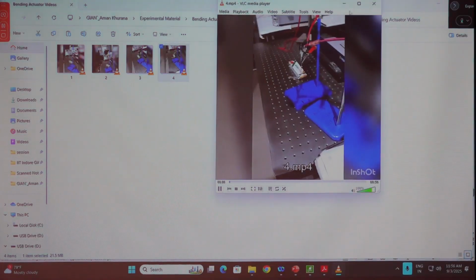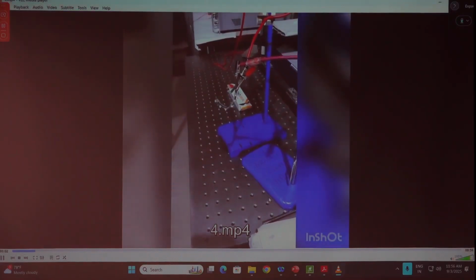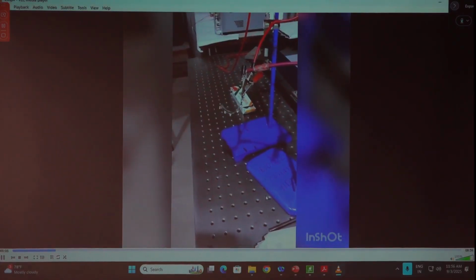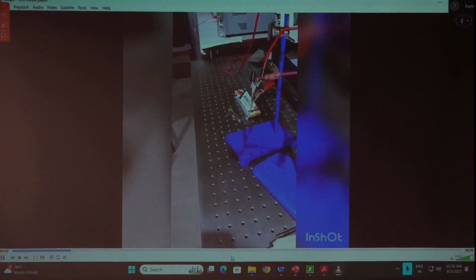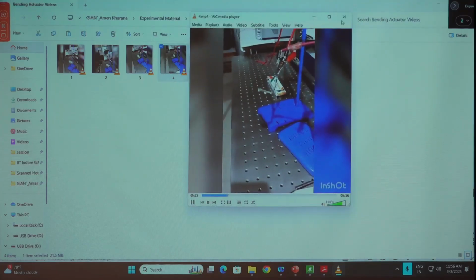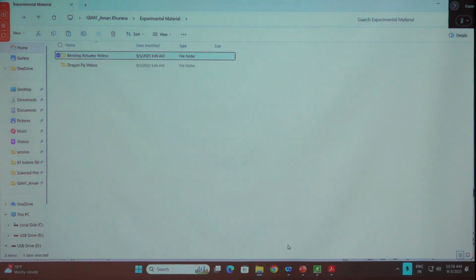Now this one you can see. So if you can control the excitation frequency and the applied cyclic voltage, you can basically have the controlling parameters in your hand.